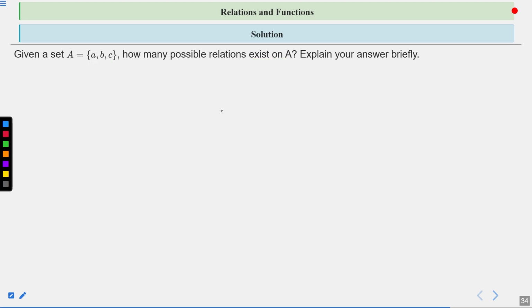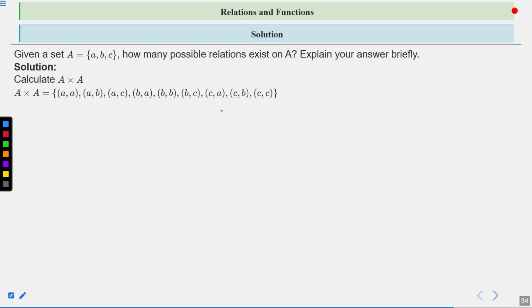Solution. Starting with A cross A, in order to get the idea about the possible relations on A, we must first have the Cartesian product, A cross A. And in A cross A, how many elements, how many pairs? 9, simply.